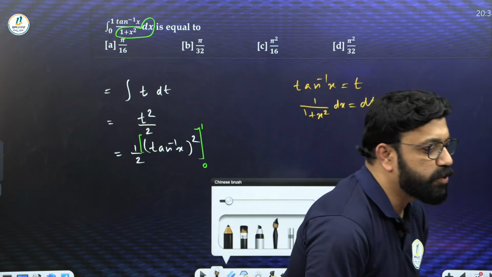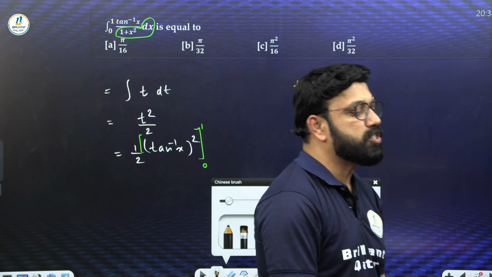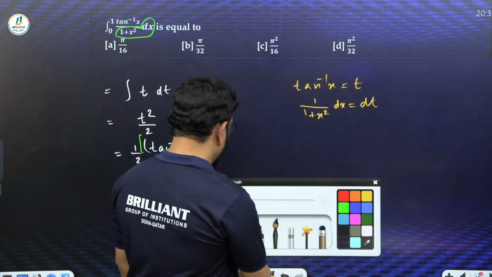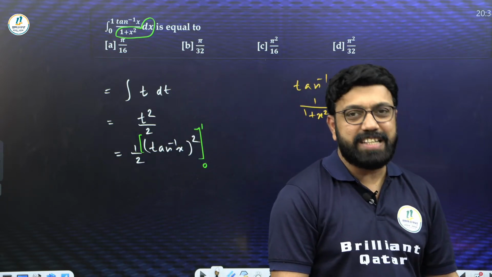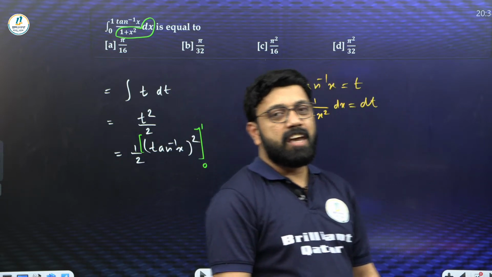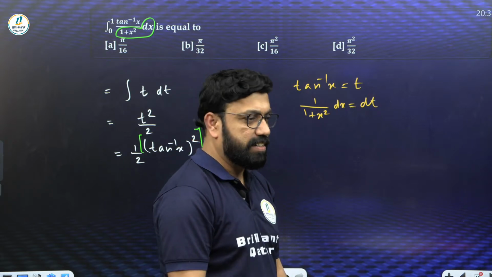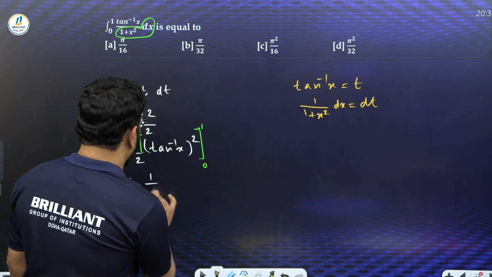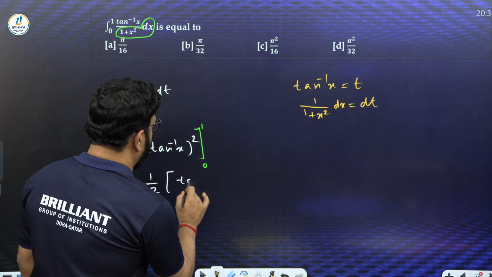Instead, directly we can use the formula: integral of f of x raised to n times f dash x equals f of x raised to n plus 1 by n plus 1.